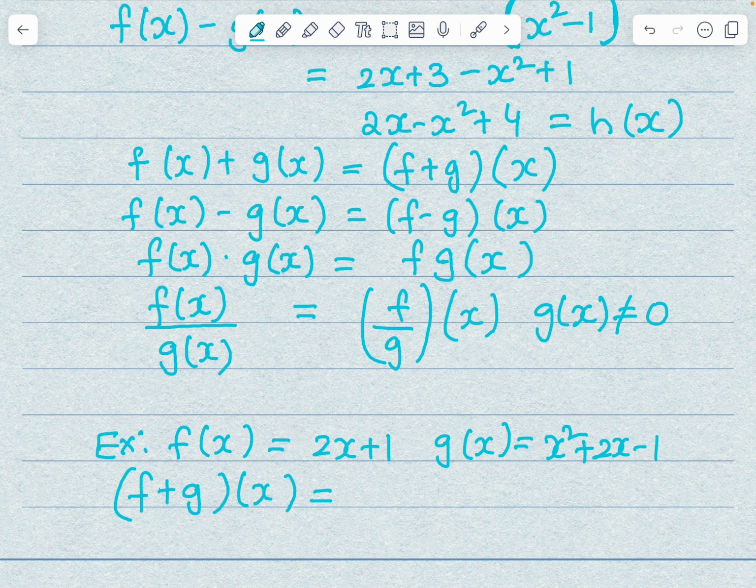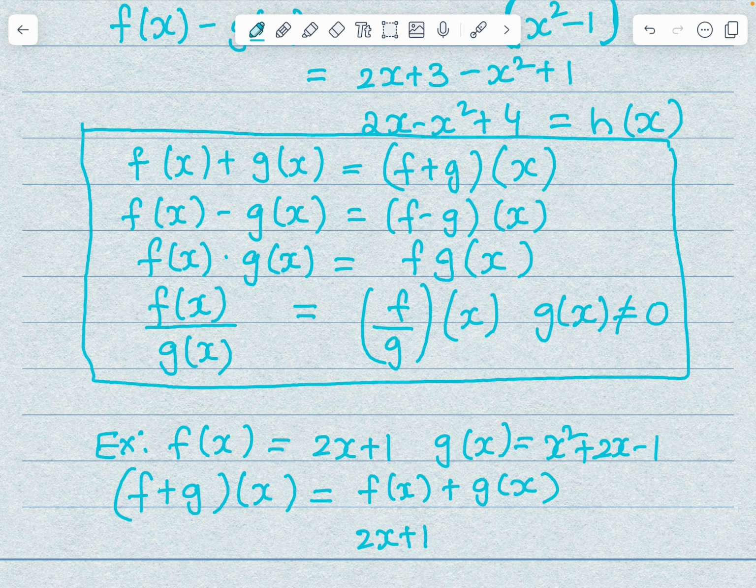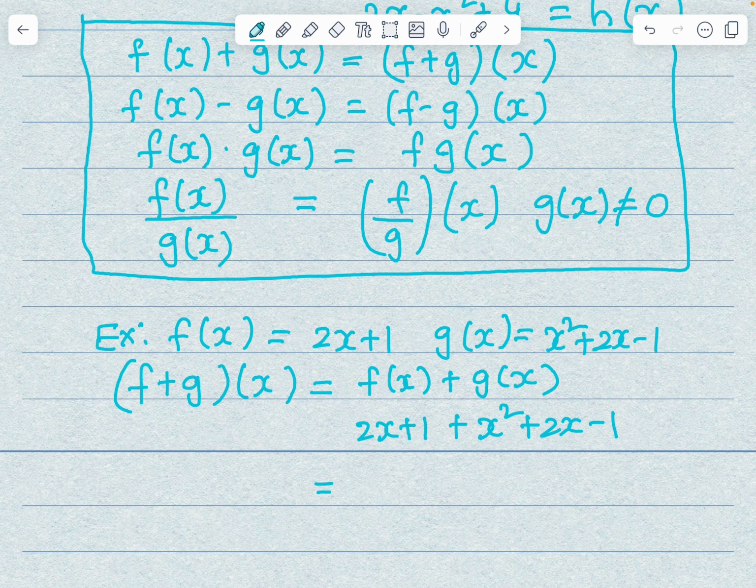I'm going to go back to my definition, which is right here in the box. And I know that it is f of x plus g of x. So now I'm going to substitute. And my answer is going to be x squared plus 4x.